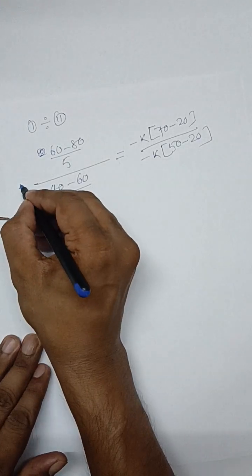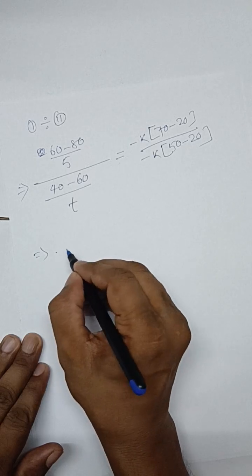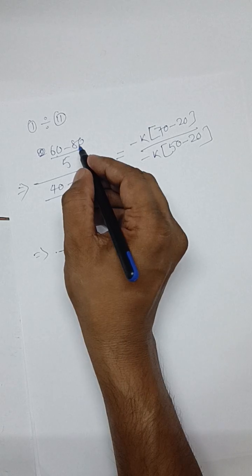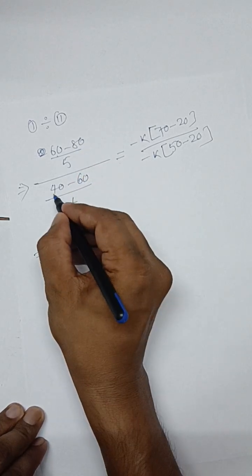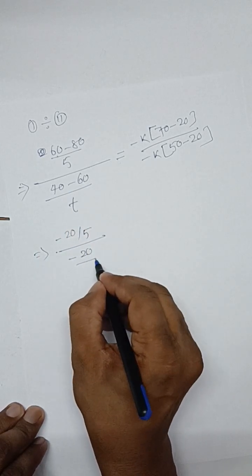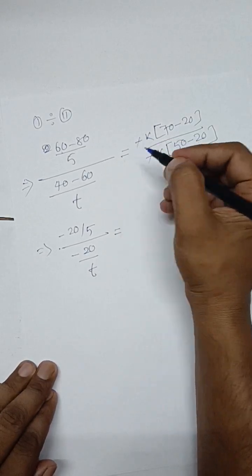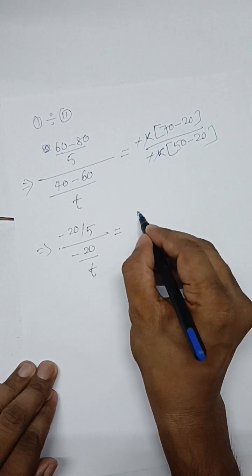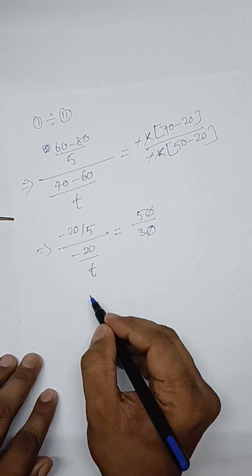So minus 20 by 5 divided by minus 20 by t equals 50 by 30; K is eliminated, the 0 cancels.